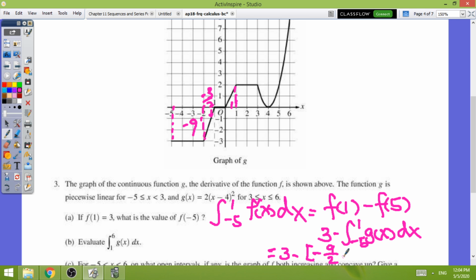Okay, let me check to make sure the area is correct. So -9, -3/2, -10.5 plus 1. So -9.5, not -9/2, but -9.5.